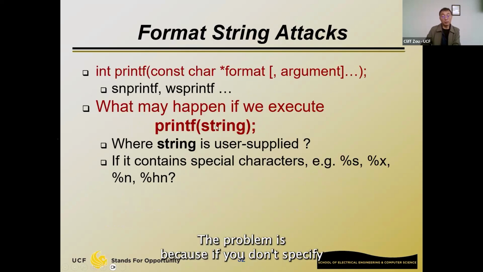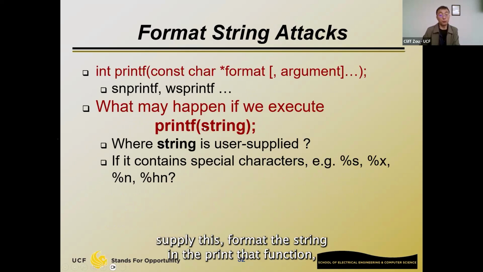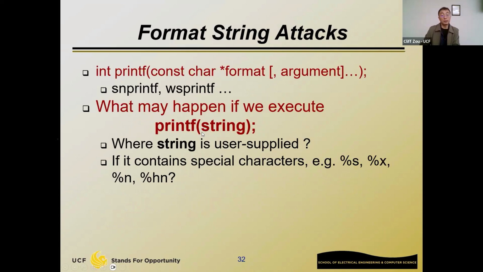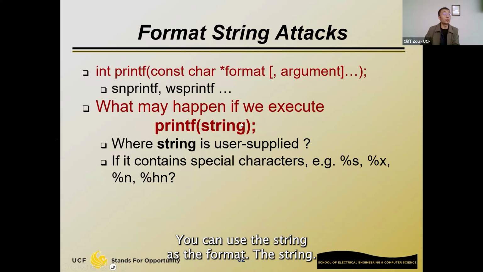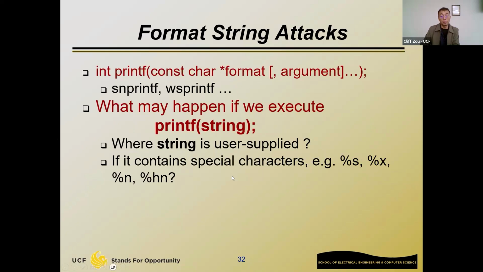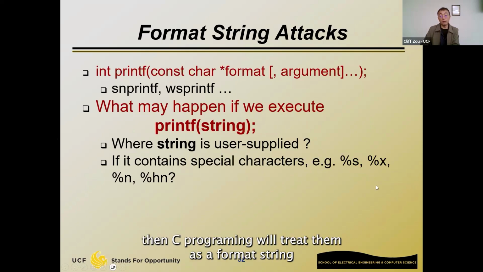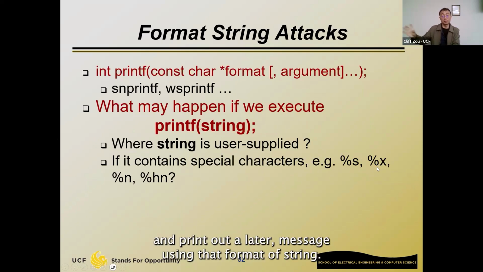The problem is that if you don't supply the format string in the printf function, then C will treat the special characters in this string as the format string. So if this string has special characters, C will treat them as a format string and print out a later message using that format.